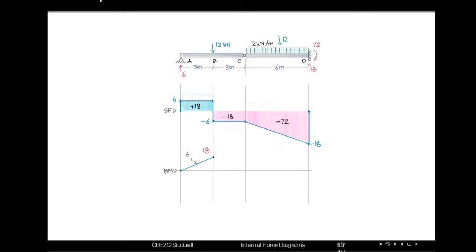Now moving from B to C point, we can see it's facing an area of negative 18. Initially it was 18 and negative 18, so at point C the sum will be positive 18 minus 18, which is 0. So we are moving to this 0 point. As the area is uniform, the line will be an inclined one.